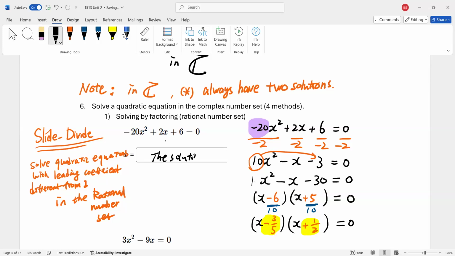The solution set of the equation has two solutions. The first solution, 3/5. Second solution, -half. Look at this red number highlighted in yellow. The -3/5, its opposite is positive 3/5. That is a solution. And then in the second parenthesis, we have positive half. Its opposite is -half. -half is also a solution. We found the two solutions.